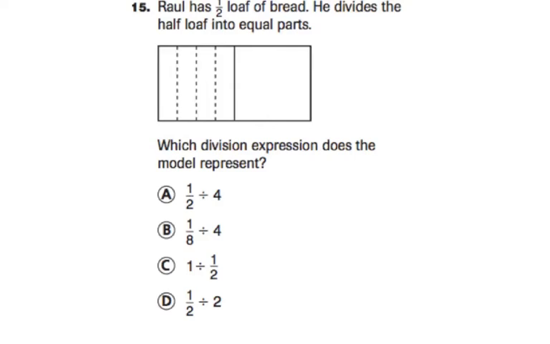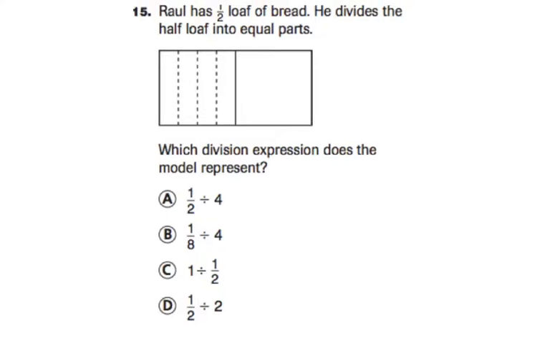All right. In this next problem, we see that Raul has 1/2 loaf of bread. He divides his loaf into equal parts. So they're even using that word, divides, equal parts. So we have to figure out what is the number we're starting with.